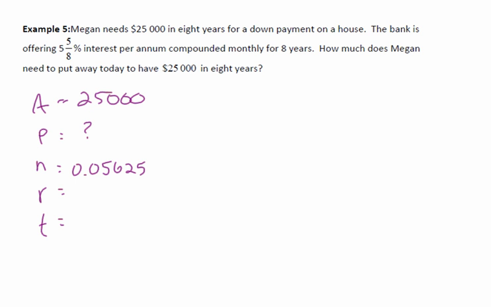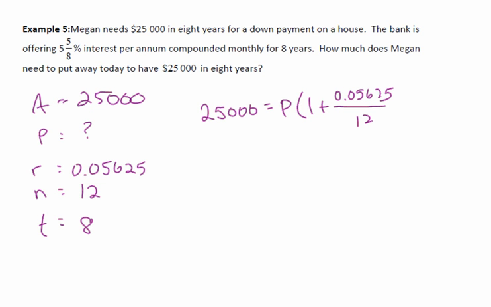R is here. N is what? How many compounds per year? It's monthly, so 12. And how many years? 8. Okay. So we have 25,000 equals P times 1 plus R divided by 12 to the power of 12 times 8, 96. Okay, so you punch that into your calculator.